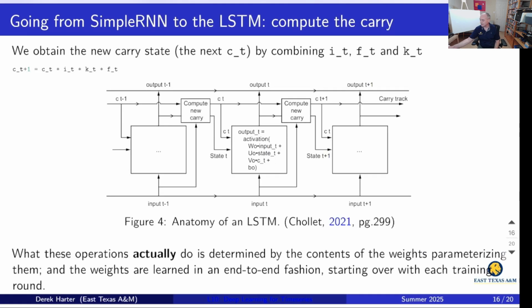In particular, there is a computation going on for these carries and the output and the input, and the carries that are coming through. I don't really want to describe all those, but in short, these operations are determined by the contents of the weights parameterizing them.